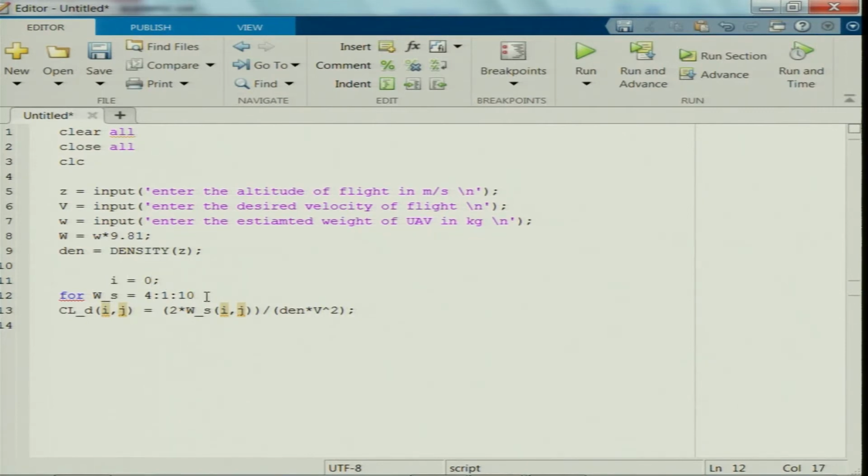Inside this loop I is a variable of this iteration, increasing by 1 for every iteration. So this is 2 W by S upon rho V square, CL design. What is J here? There is also a variable J; we will get back to that soon, when we define it. So this is I.